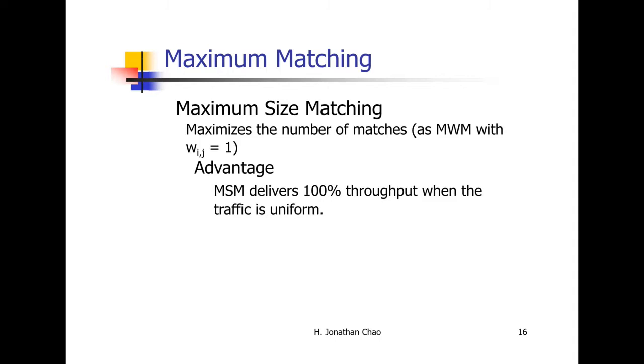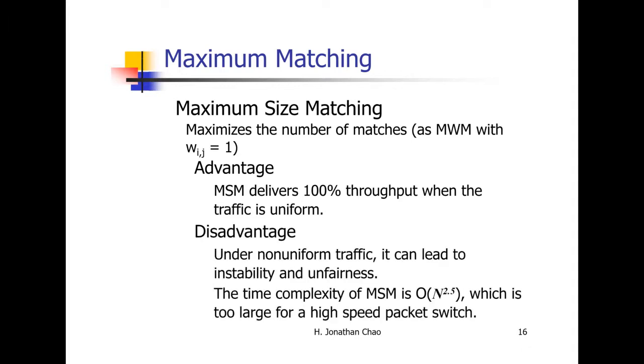Also, in this case, we can arrive at 100% throughput when traffic is uniform. And under non-uniform traffic, we can have instability and unfairness. The complexity is reduced compared to the previous case, but not very much, because it's big O of n to the power 2.5.